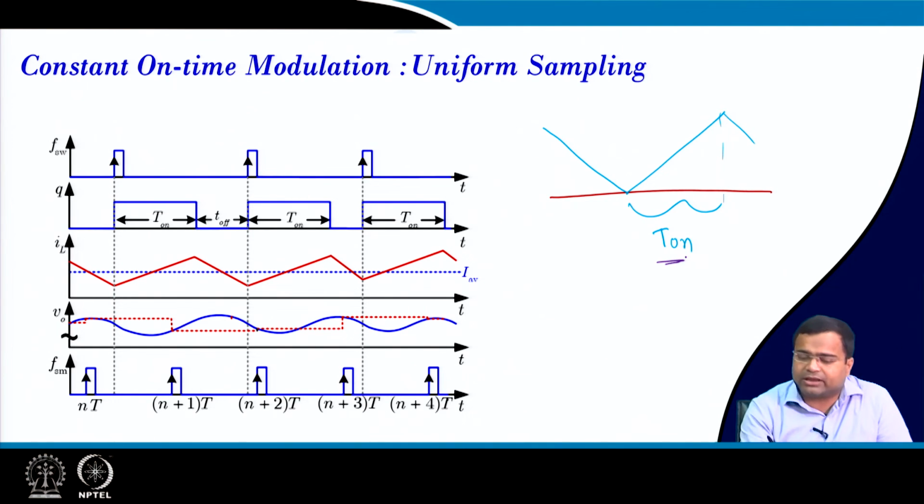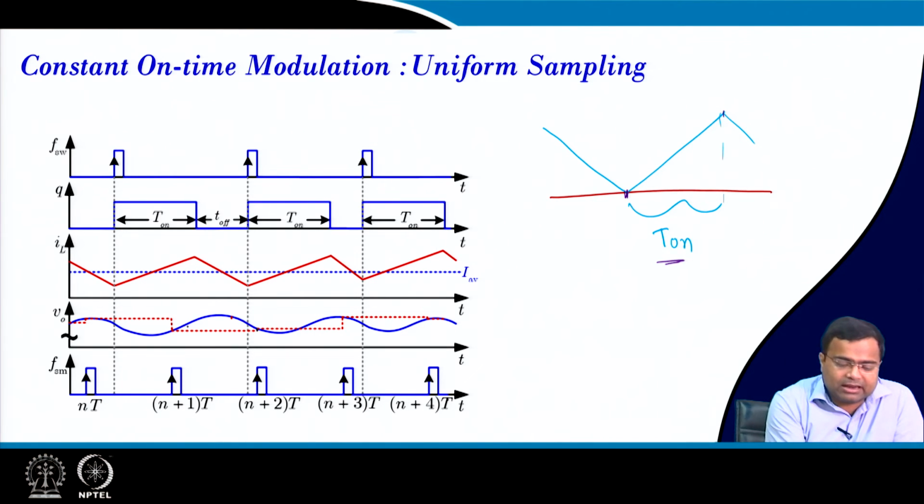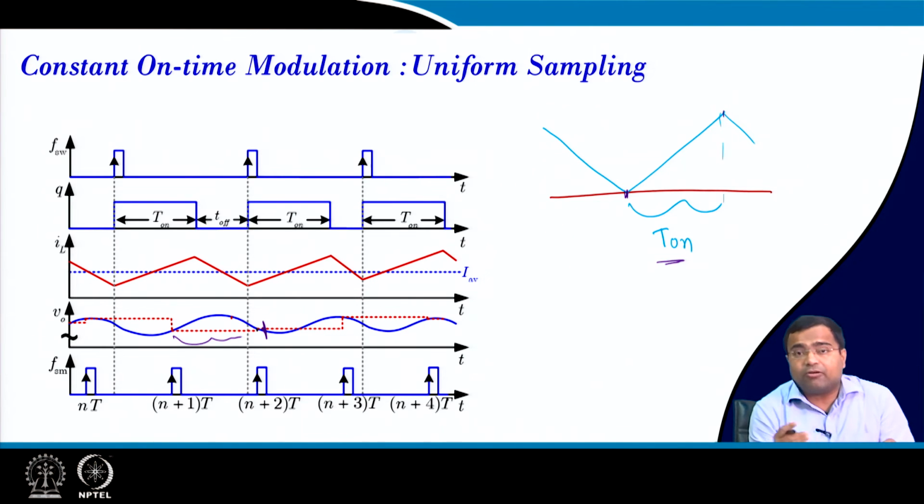We can take the sample here or here. If you use uniform sampling, you can see this is the interval duration, and here it is sampling here. So sometimes it is sampling at the on time, sometimes at the off time, so the duration between the sampling point and the switching point is varying.